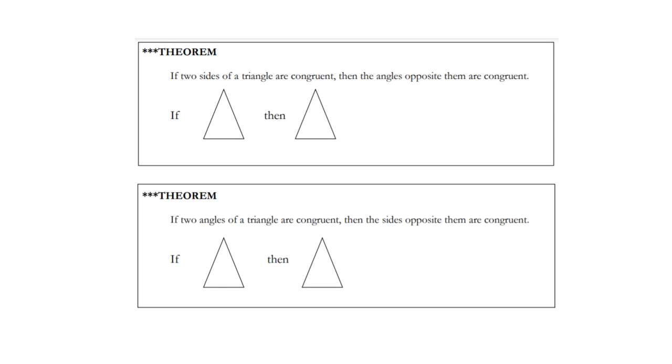All right, so here are our first 2 theorems related to isosceles and equilateral triangles. The first theorem says if two sides of a triangle are congruent, then the angles opposite them are congruent. So if two sides of a triangle are congruent, then the angles opposite them are also congruent.